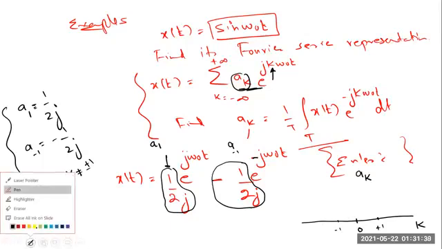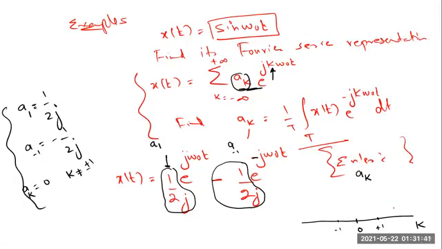And then at plus 1, I have a line, and then I have a line at minus 1, which is in the negative direction. So this is A1, and this one is A minus 1. This is the line spectrum.